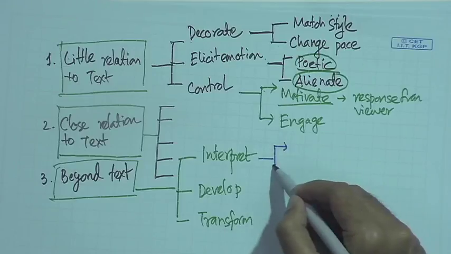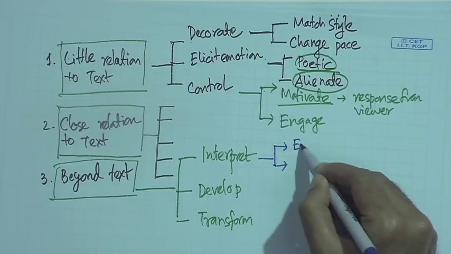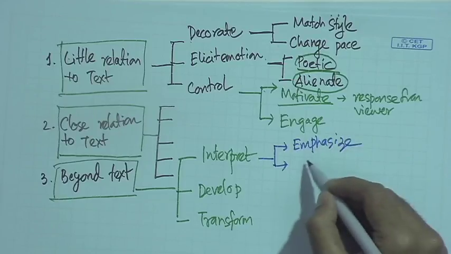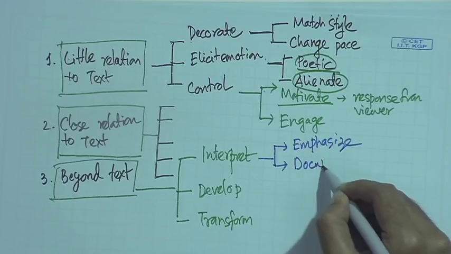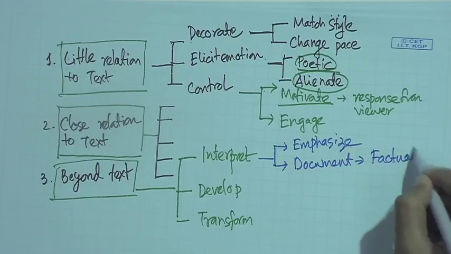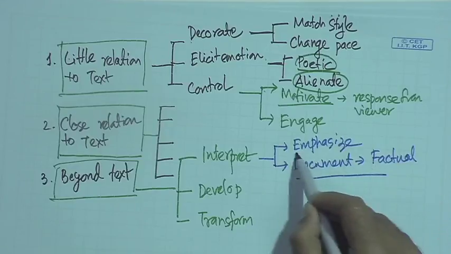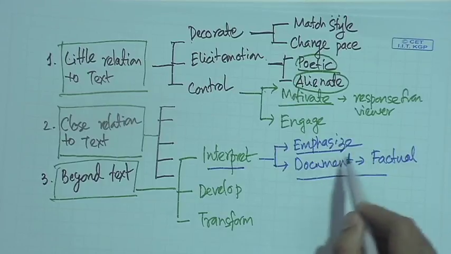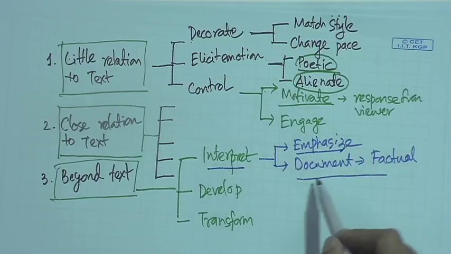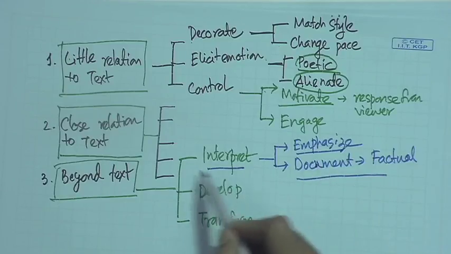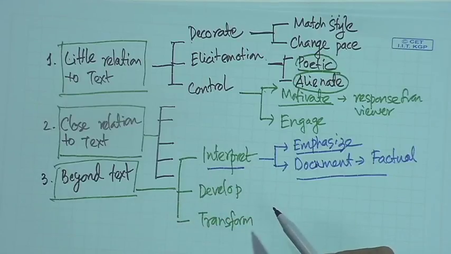When it comes to interpretation, you emphasize certain things and you document certain aspects. So, this is more factual information that you are trying to project. This is where you are going for an interpretation mode, where you are trying to emphasize certain things in your imagery, image text combination, or you are trying to document certain factual aspects. There comes the interpretation part of going beyond the text.